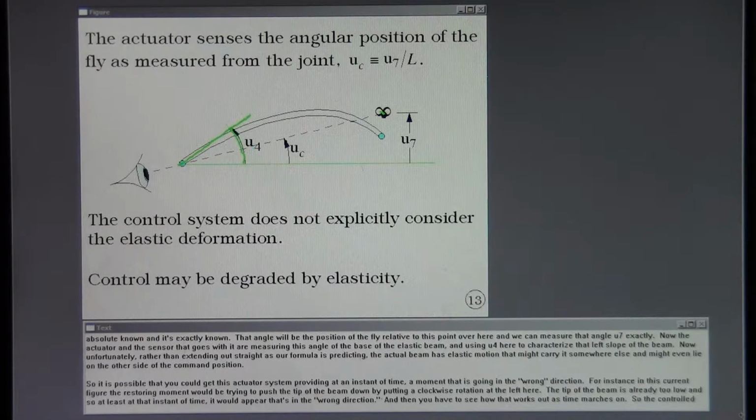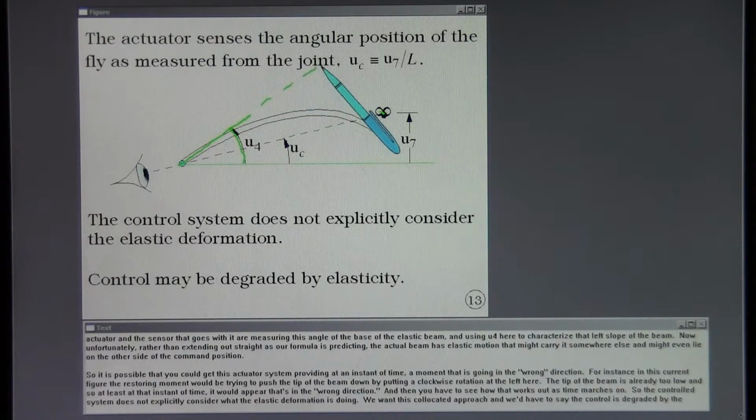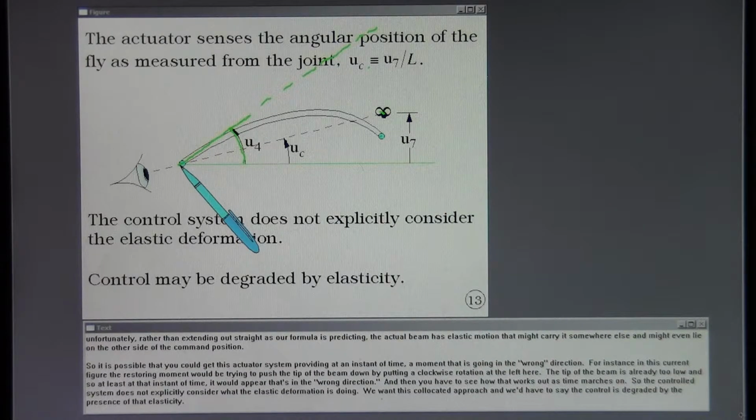Now unfortunately, rather than extending out straight as our formula is predicting, the actual beam has elastic motion that might carry it somewhere else and might even lie on the other side of the command position. So it is possible that you could get this actuator system providing at an instant of time a moment that is going in the wrong direction.